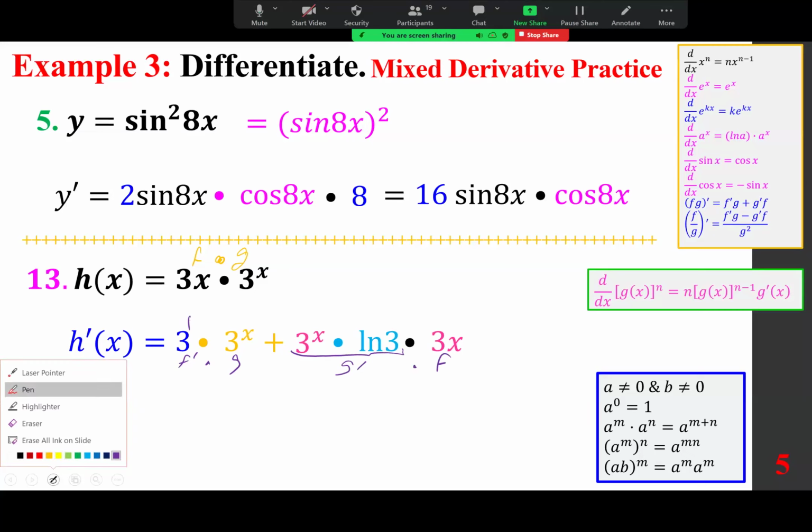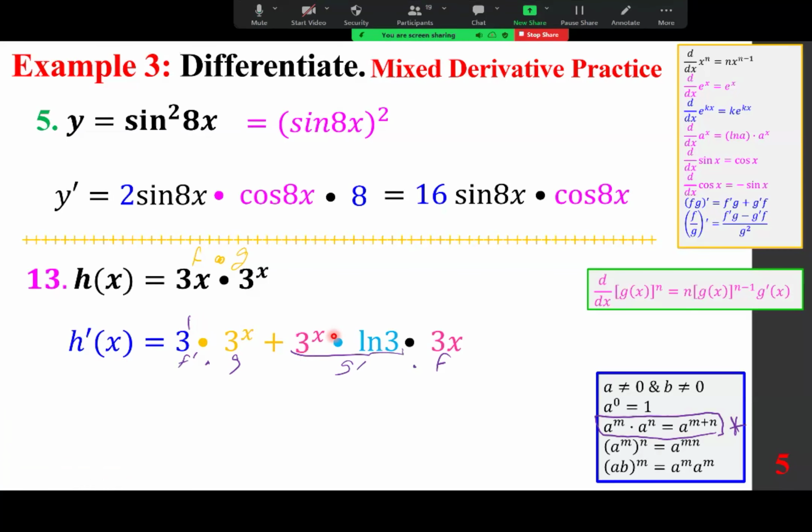And so according to the product rule, this becomes 3 to the power of 1 plus x, or x plus 1. This one and 3, the same thing.